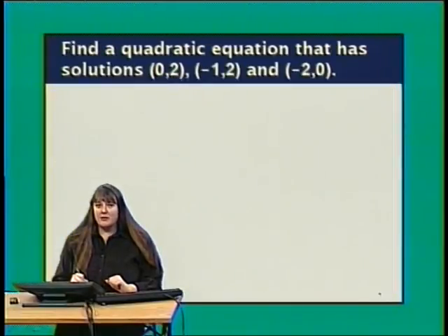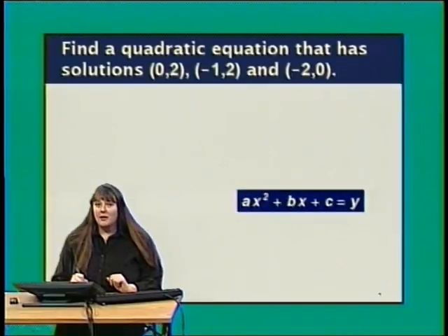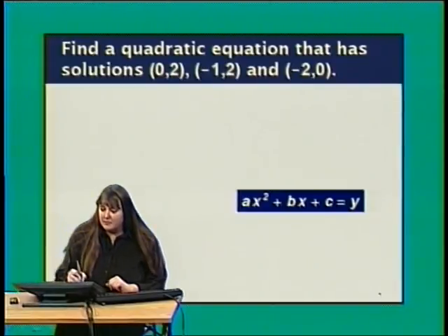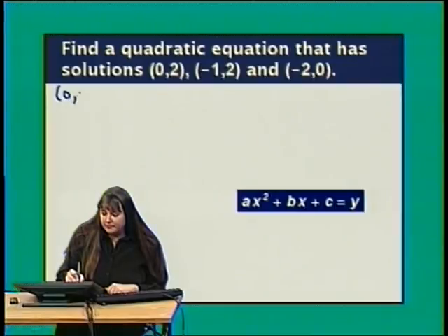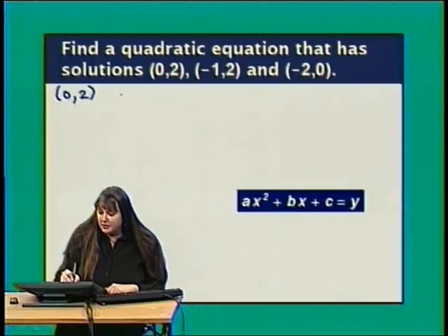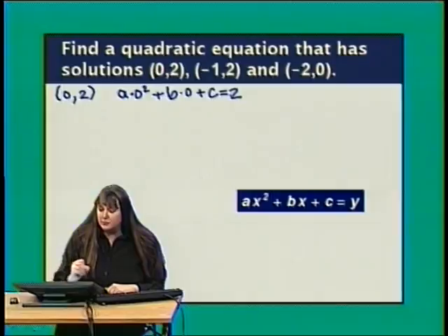Now let's find a quadratic equation that has solutions (0, 2), (-1, 2), and (-2, 0). Thinking about our quadratic equation in standard form again, ax squared plus bx plus c equals y, I can use those 3 solutions to come up with 3 equations. So my first solution, (0, 2), leads me to the equation a times 0 squared plus b times 0 plus c equals 2.